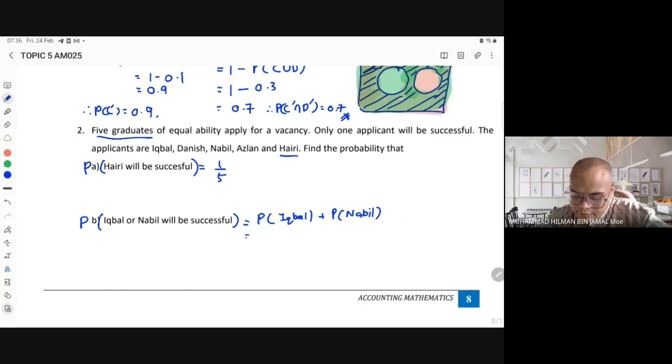Okay, so probability of Iqbal succeeding is 1/5, probability of Nabil succeeding is 1/5. So we have 2/5.